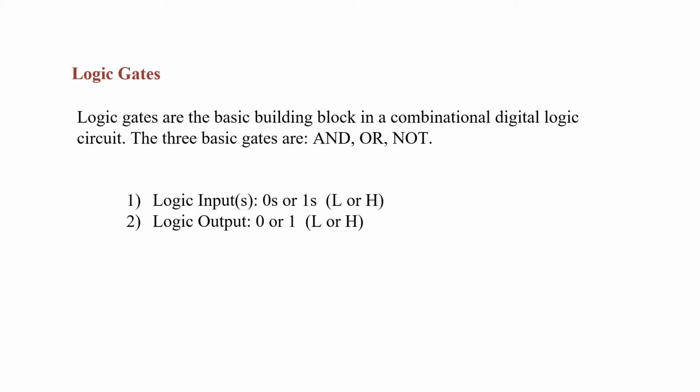Alternatively, we can say logical low or logical high. So L means 0, H means 1. For the gates, we have one singular output, and the output could have a value of 0 or 1. So think of these as operations between digital bits or binary bits.